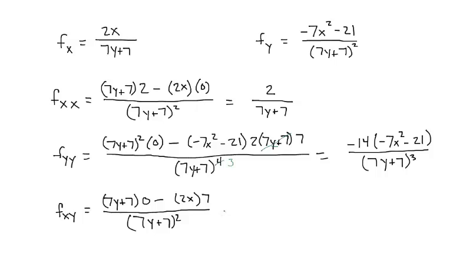And the left side of our numerator goes to 0, so we're left with negative 14x divided by 7y plus 7 squared.